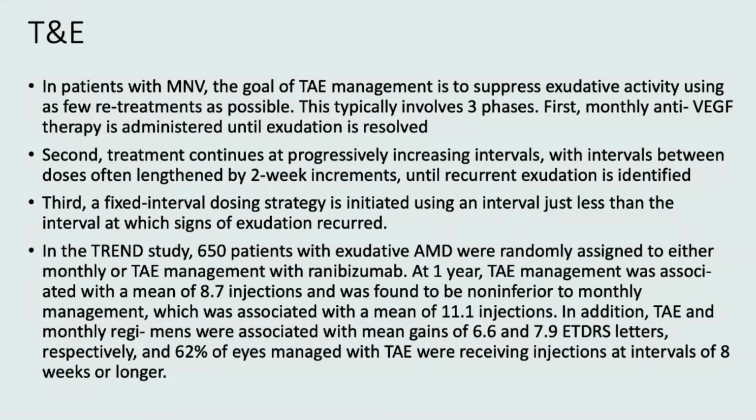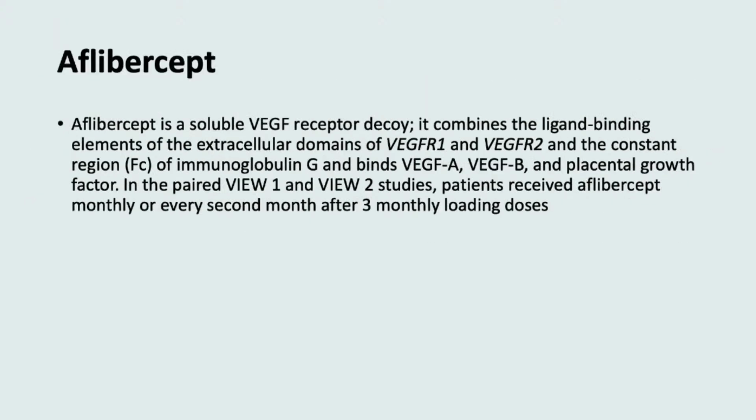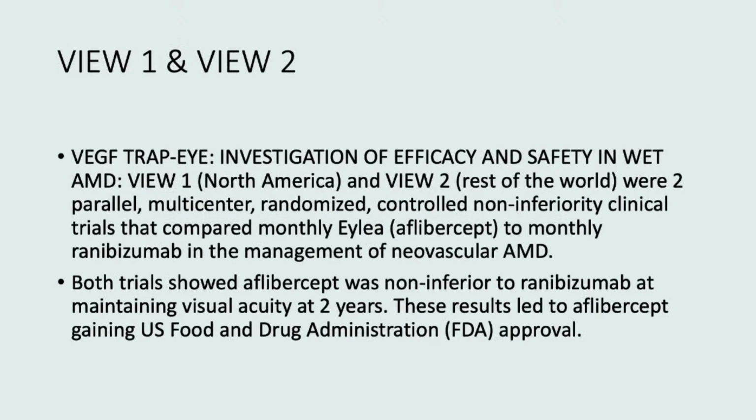So why this 8 weeks was decided for ranibizumab was because the fluid-free interval that ranibizumab was able to achieve was only 8 weeks. And if you are using aflibercept, that can take it up to 3 months. Now aflibercept, how is it different is, this is a fusion protein. It can bind to both VEGF-R1 and R2. The trials which established that aflibercept can be used were VIEW-1 and VIEW-2.